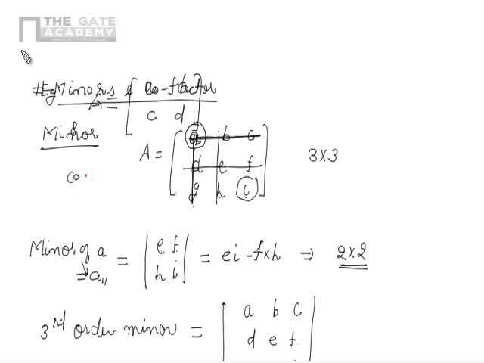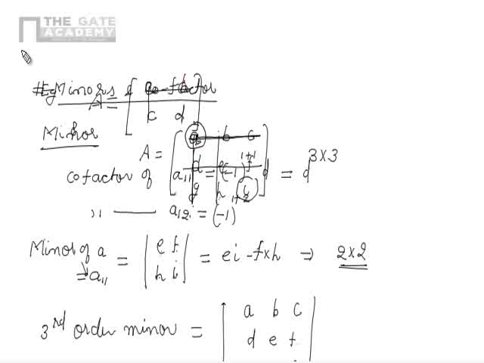So cofactor of A11. A11 is the first row first column element A. If I want to calculate the cofactor, the cofactor of any element Aij is given by minus 1 to the power 1 plus 1, and deleting the corresponding row and column, I am getting D. So this will be positive D. Similarly, cofactor of A12 can be given as minus 1 to the power 1 plus 2.